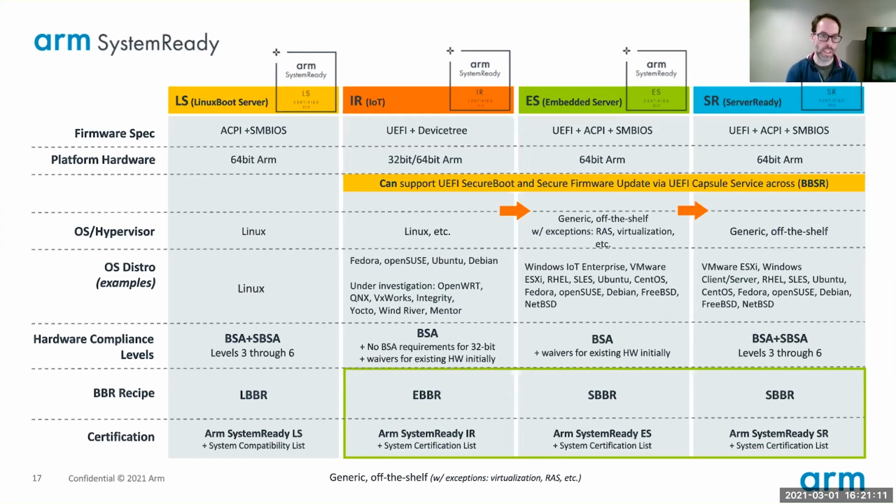With the exception of device tree, because ES is providing ACPI instead of device tree, it all is the same stuff, right? So if you can deploy your platform on IR, you're going to be able to deploy your platform on ES and SR as well. And similarly, if you can deploy on ES, you can definitely deploy on SR, right? So there's a progression here that as you go further to the right, you've got stricter standards and greater conformance. But if you can land on something further to the left, then you're going to be able to land on the other bands as well.